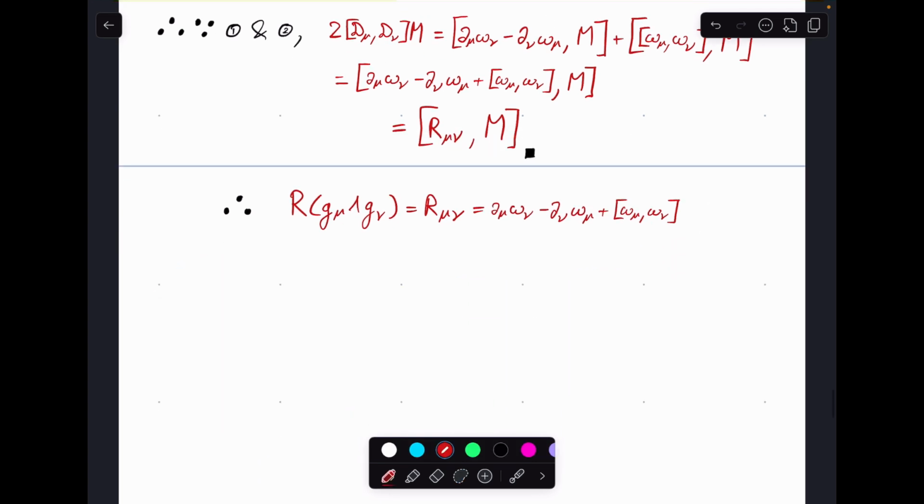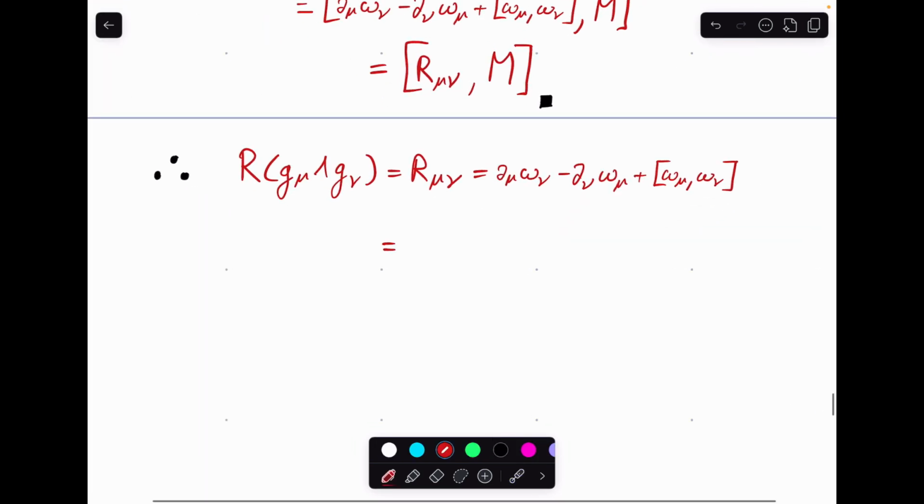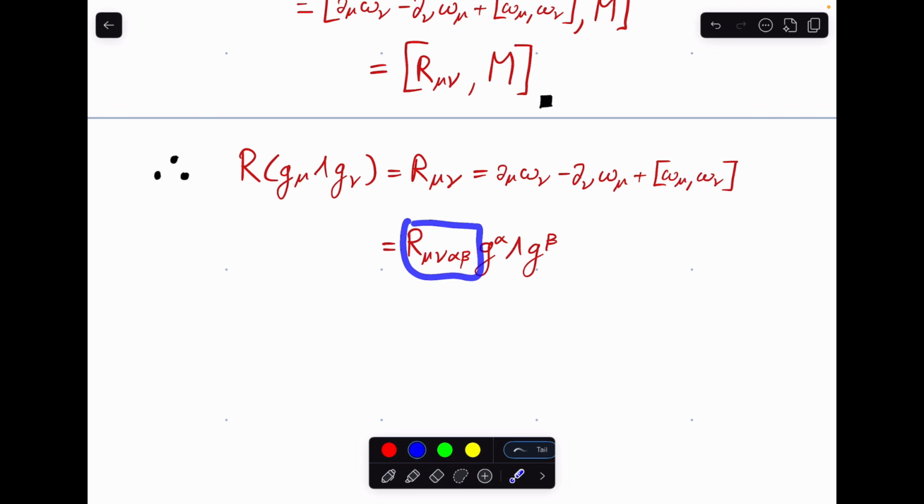Well, to do that, we need to express it in a bivector basis. And that would then just be this. So we get R mu nu, then alpha beta, G alpha wedge G beta. And so now we've expressed this as a scalar and this as the bivector.